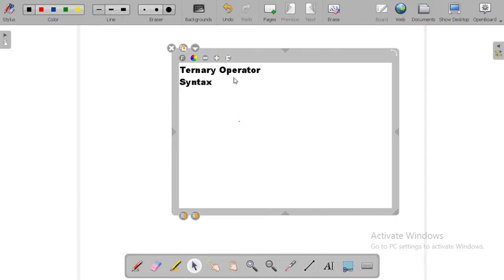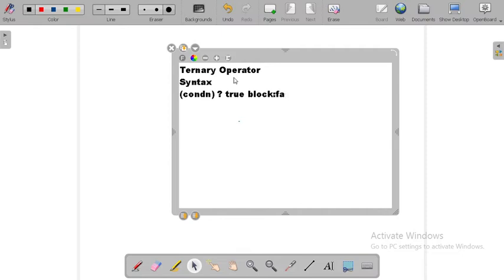Okay, so here I am giving the syntax. I am going to open the parenthesis, writing the condition here first. So I am writing the syntax of this ternary operator. After the condition you give a question mark, and then we have to give the true block here. Finally I use a colon, and after that colon comes the false block.